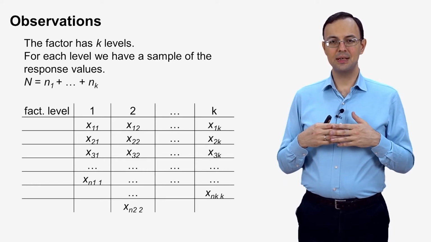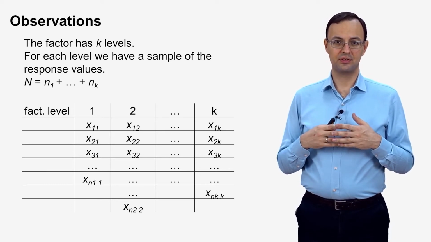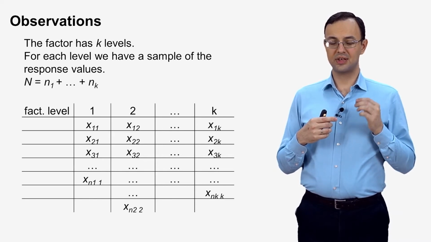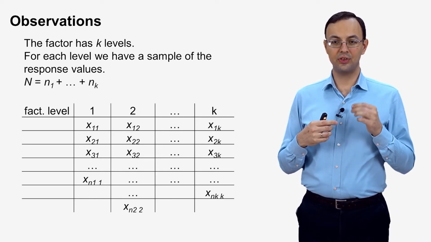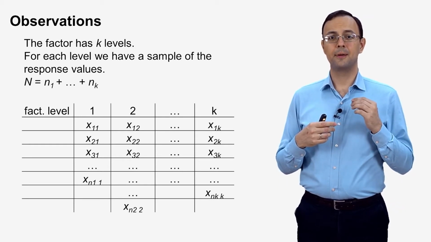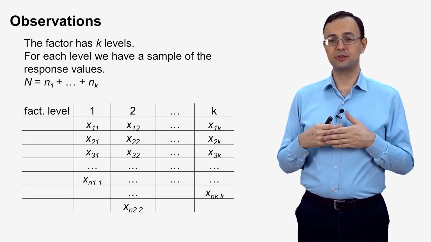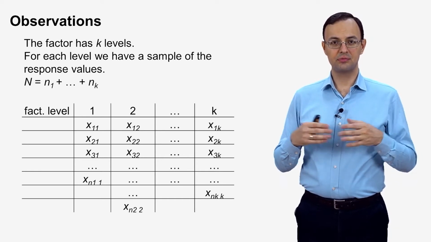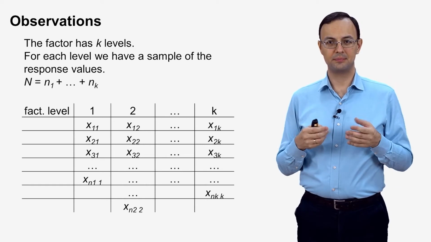And as you can see, sample sizes may be different. So Nj is sample size of the jth sample, of the sample that corresponds to the jth level of the factor. And capital N is total number of observations, so sample size of the united sample.